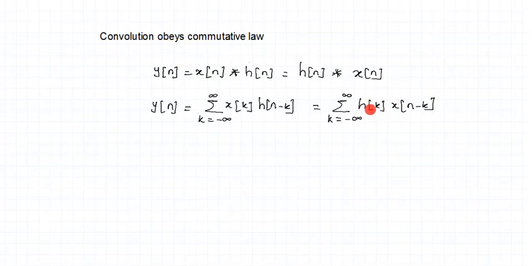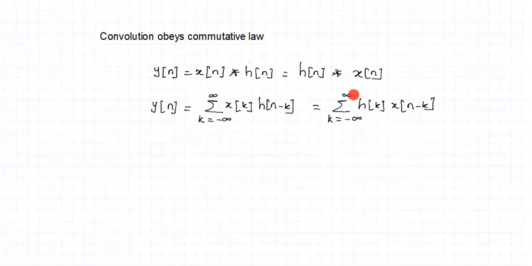So in this case, it means that we are keeping h of k fixed, whereas we are going to shift and overlap x of k on h of k. In the earlier case, we kept x of k fixed and shifted and overlapped the signal h of k.